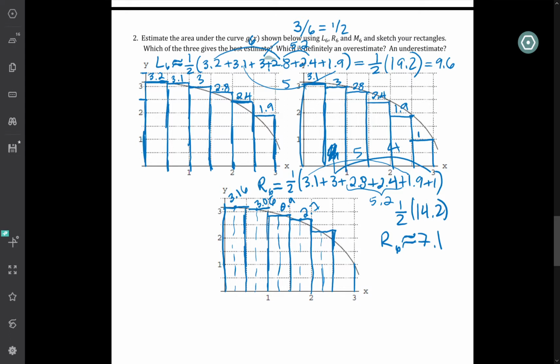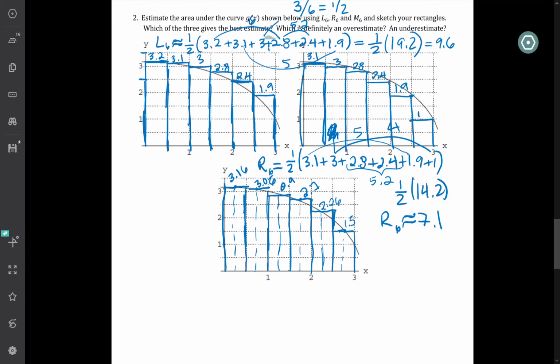Okay, so this one, we know it's between 1.9 and 2.4. I'm going to say it looks an awful lot like it's right at 2.25, maybe even a little higher, 2.26. Okay, and then last one, if we go right up the middle, it actually looks like it hits pretty spot on at 1.5.